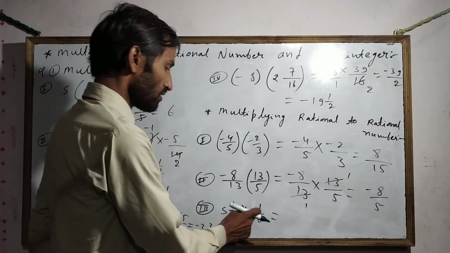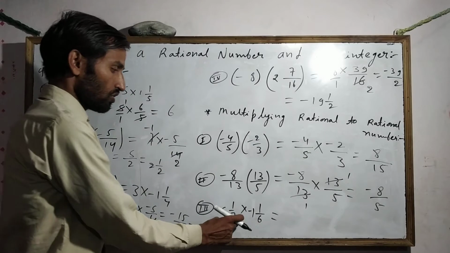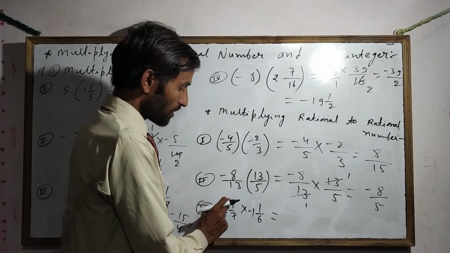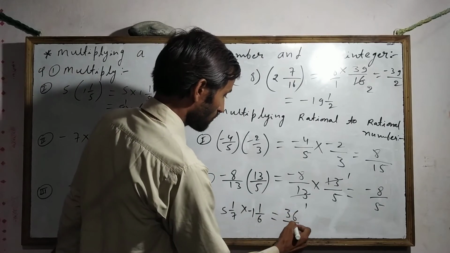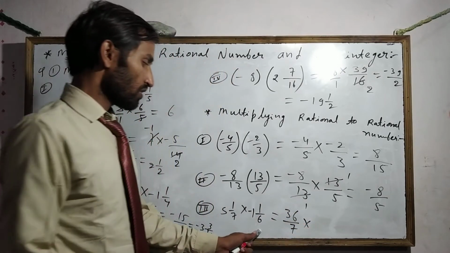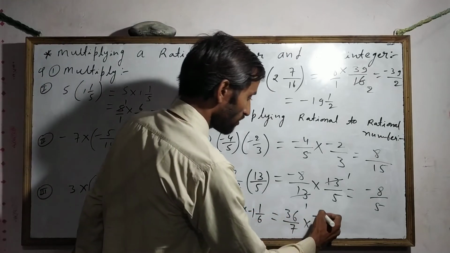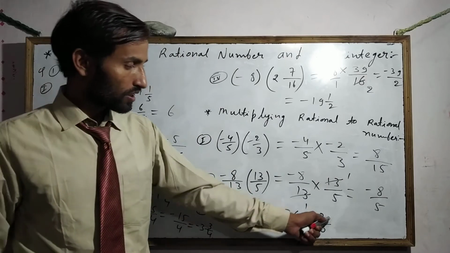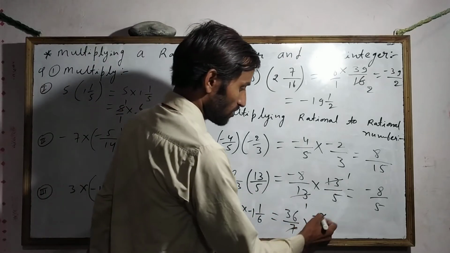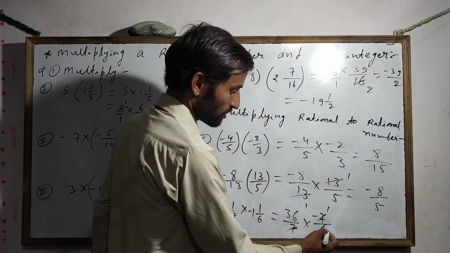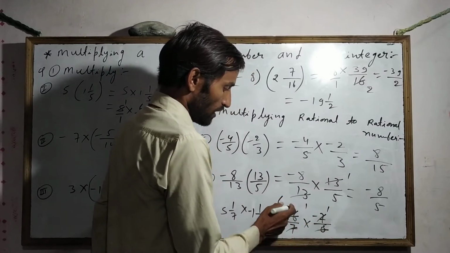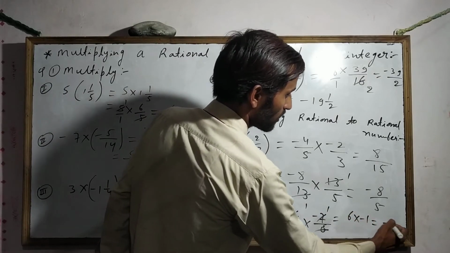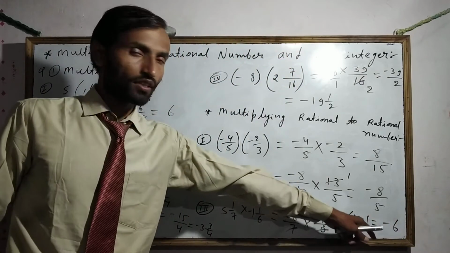One is positive and the second is negative, so be careful with the sign. 7 5 is 35, 35 plus 1, 36 upon 7 into 6 1 is 6 plus 1, 7, minus 7 upon 6. Then we cancel: both are 7, so cancel 7 1 is 7, where minus 1 will come. Next, 6 6 is 36, so 6 will come. So 6 into minus 1, the answer will be minus 6. So the final answer is minus 6.